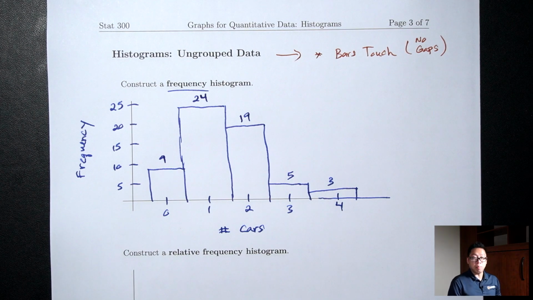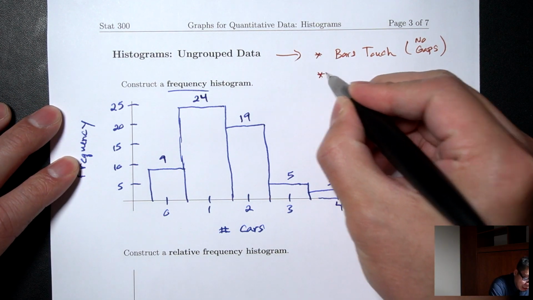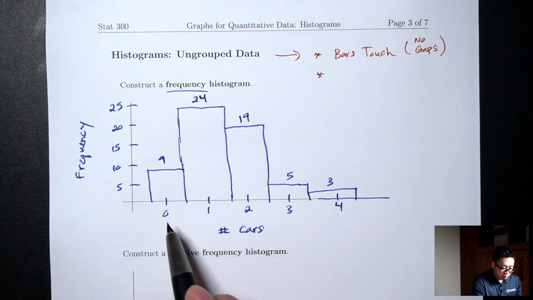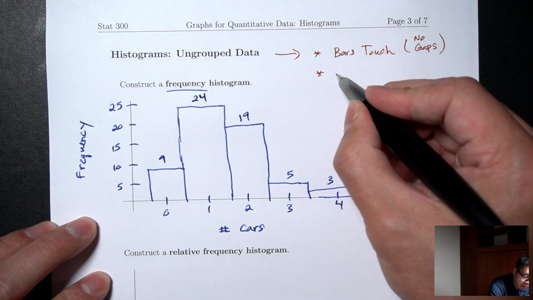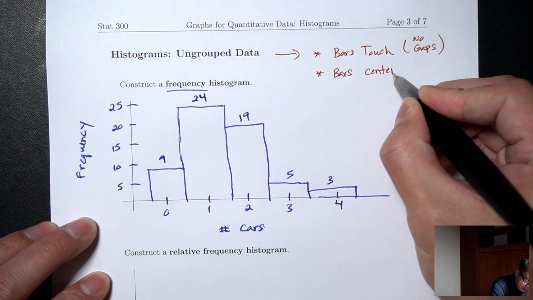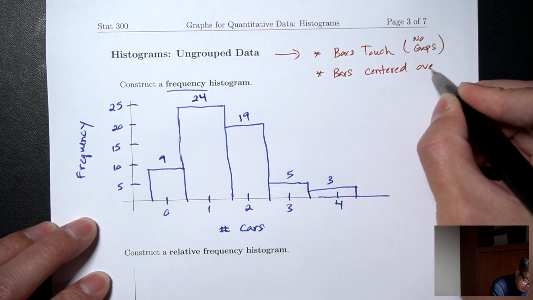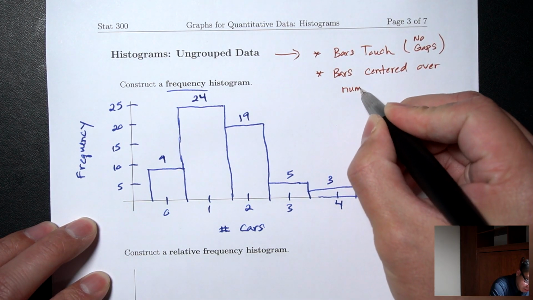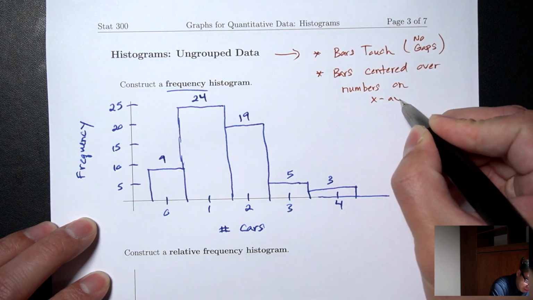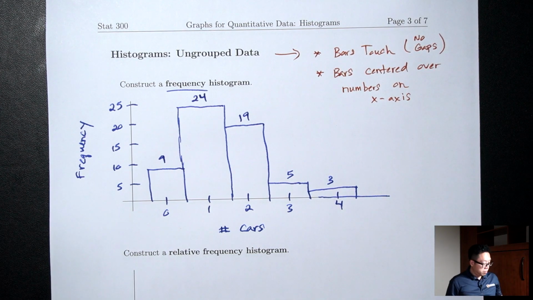Okay, this is different than a bar plot for qualitative data in the last lecture. And then for ungrouped data, the bars should be centered over the numbers on the x-axis. And that's a frequency histogram for the ungrouped data situation.